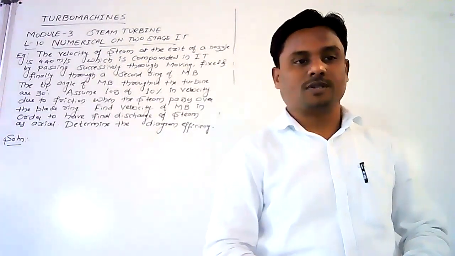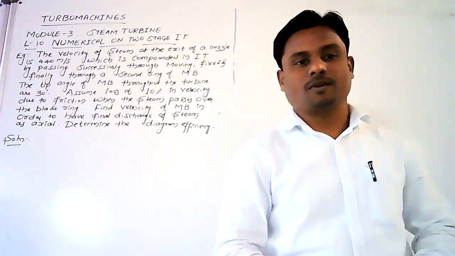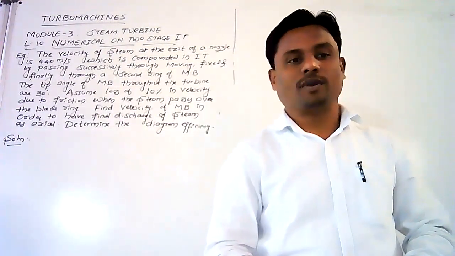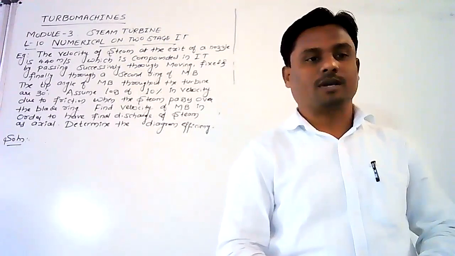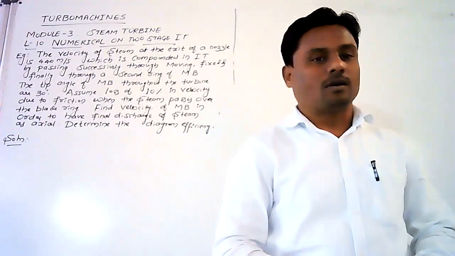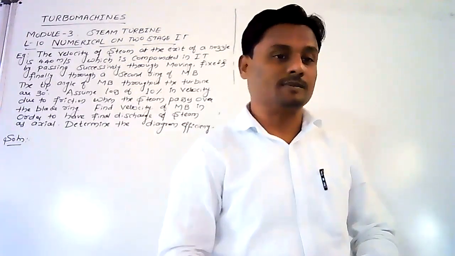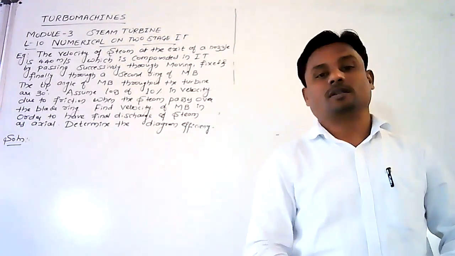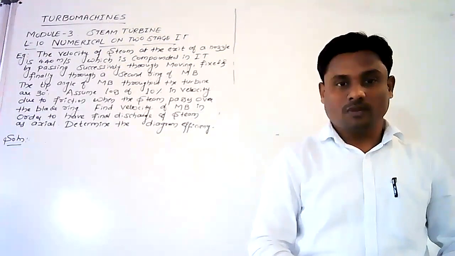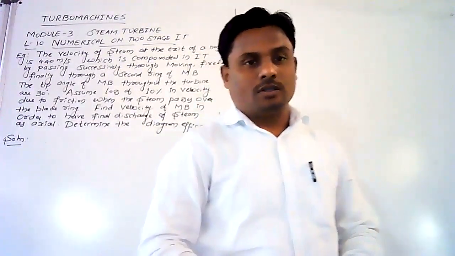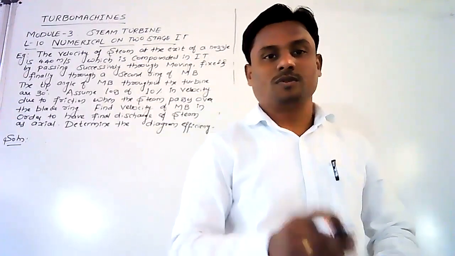Assume the loss of 10% in velocity due to friction when the steam passes over the blade rings. Find the velocity of moving blade in order to have final discharge of steam as axial. Determine the diagram efficiency.